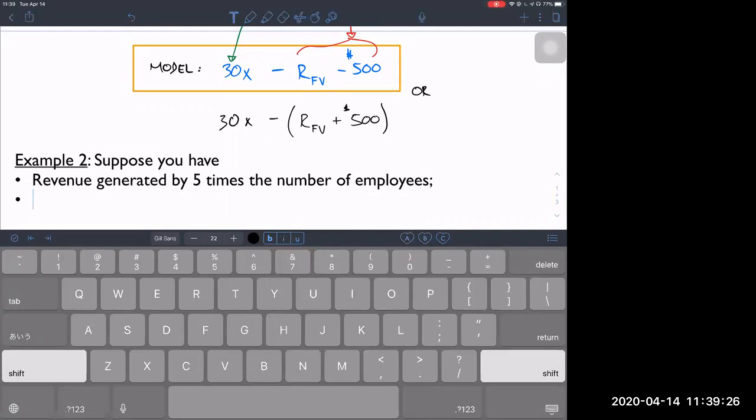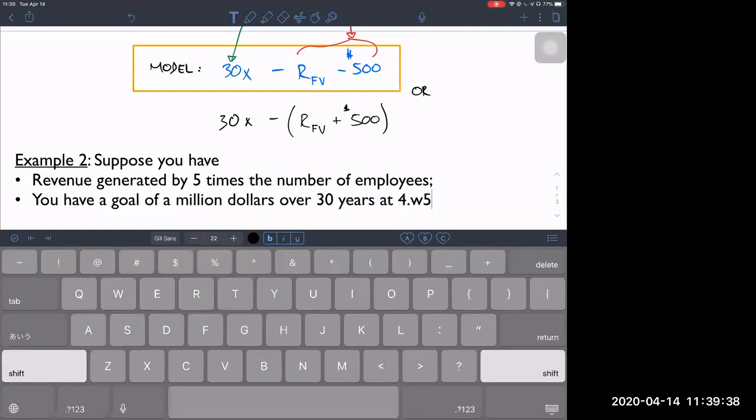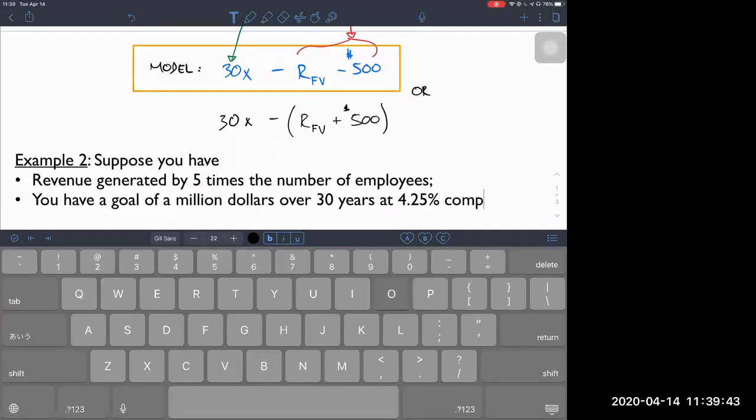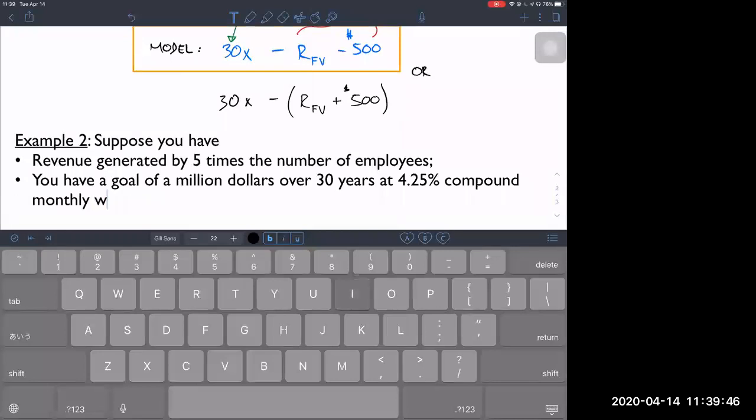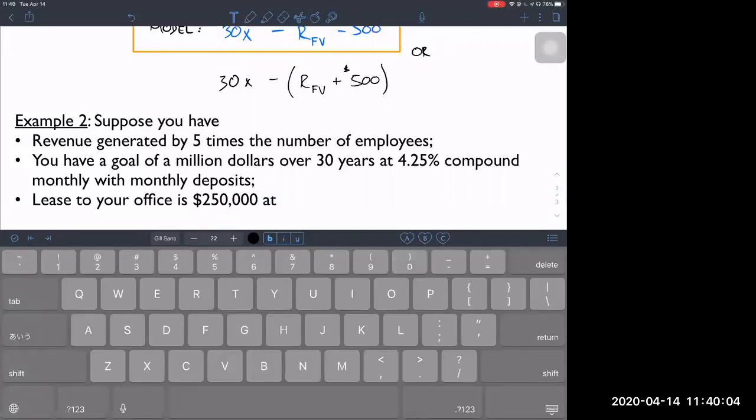You have a goal of $1 million over 3 years at 4.25%, compounded monthly with monthly deposits, and the lease to your office is $250,000 at 5% over 20 years.